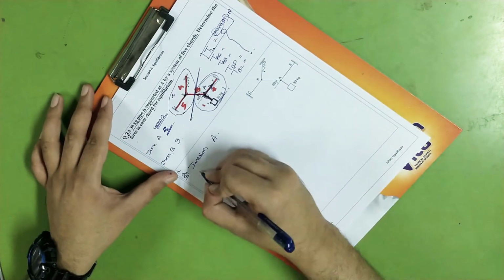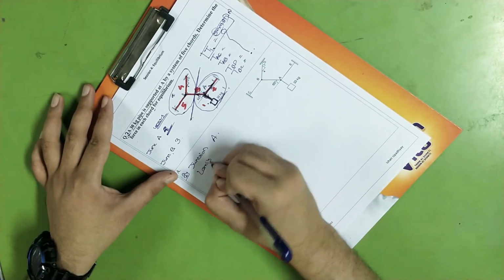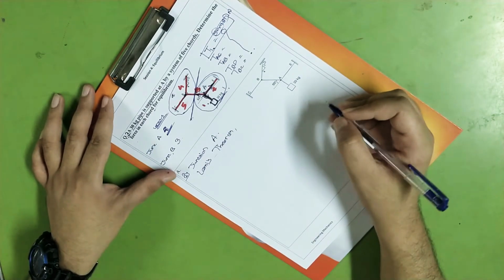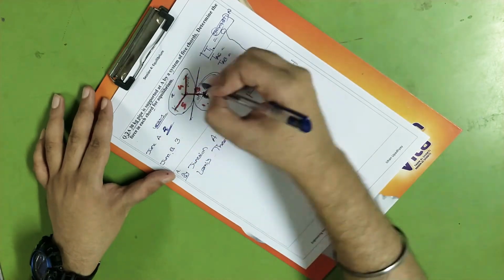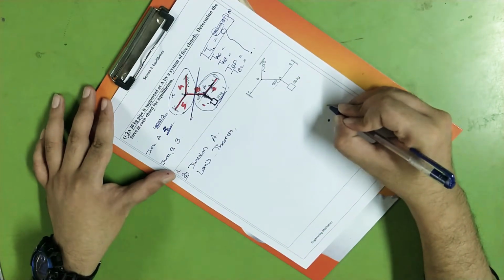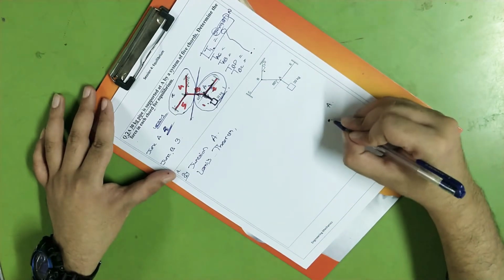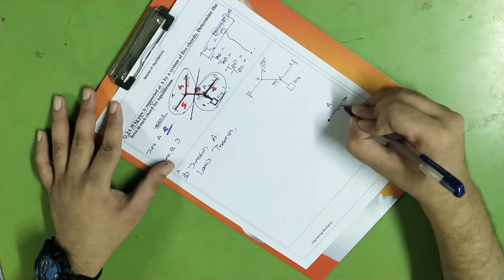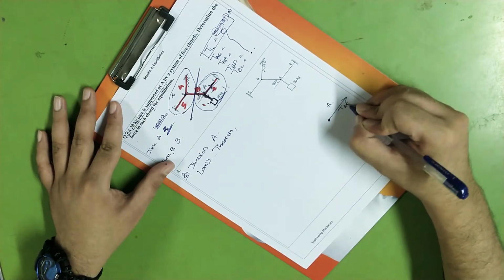At junction A, I'll apply Lami's theorem. Let me draw junction A again. Say this is junction A. The first force is acting on the right hand side, which we call tension in AE.